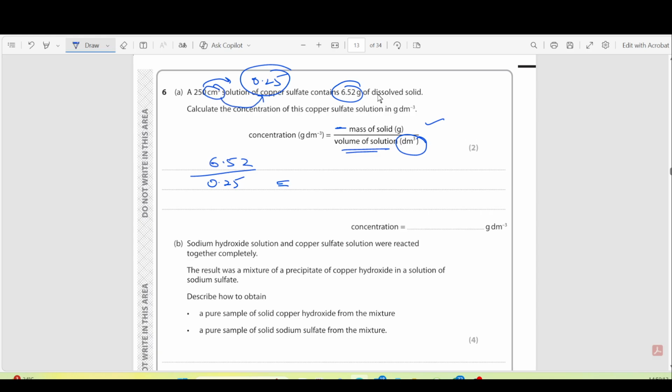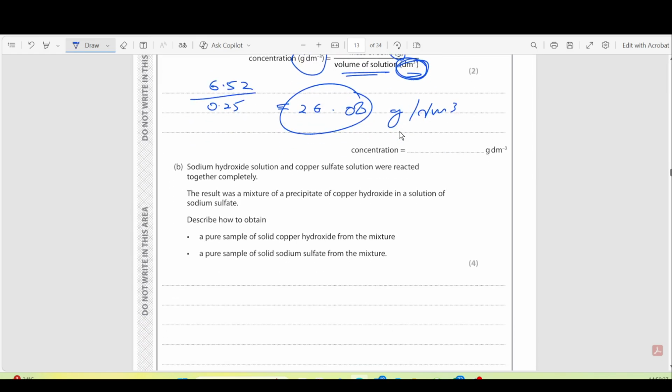And if we divide this, we'll get 26.08 gram per decimeter cube, and that's our concentration. So the formula is given. Make sure you check the units because they are given in brackets, right? Make sure everything other than this was matching. So you need to convert.